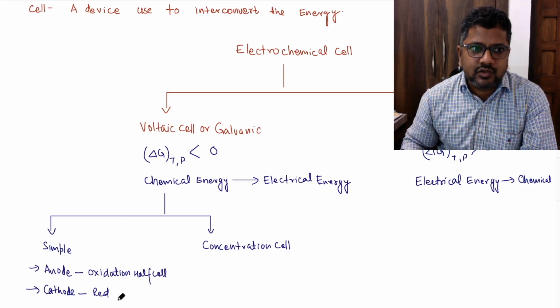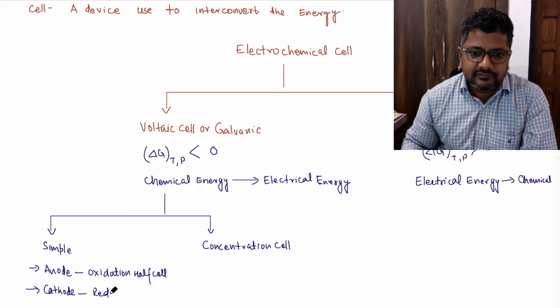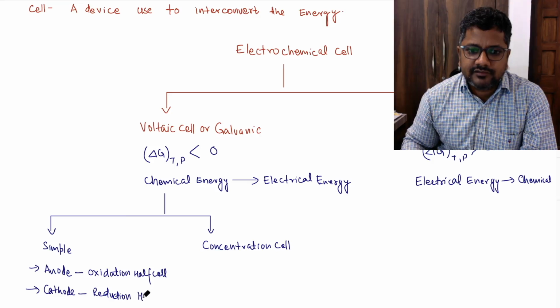This is always true, invariably true, no difference. Any kind of cell you have, anode means oxidation, cathode means reduction half cell.